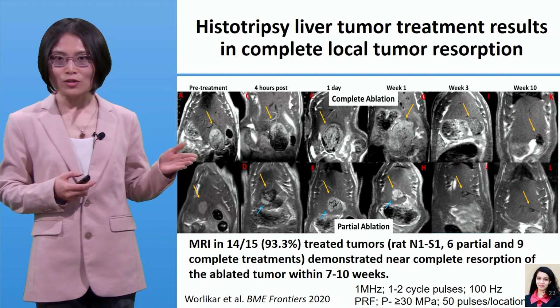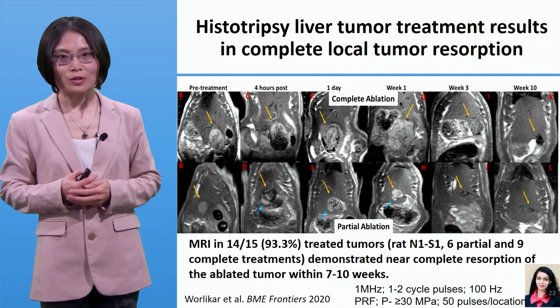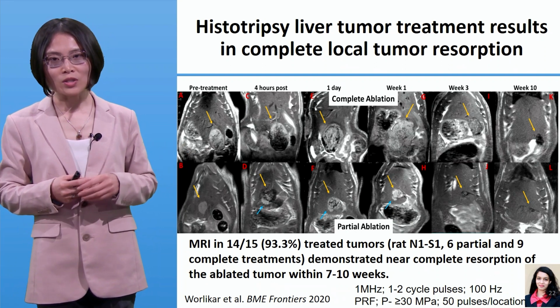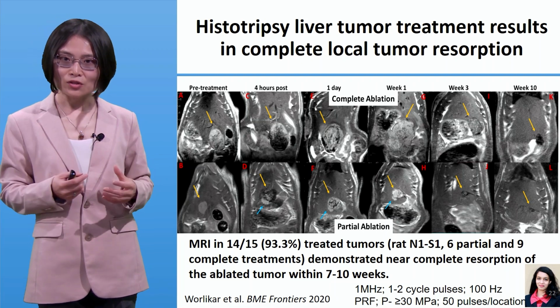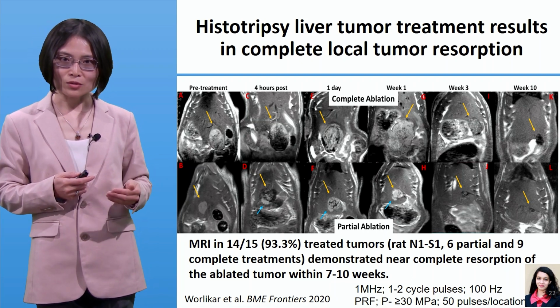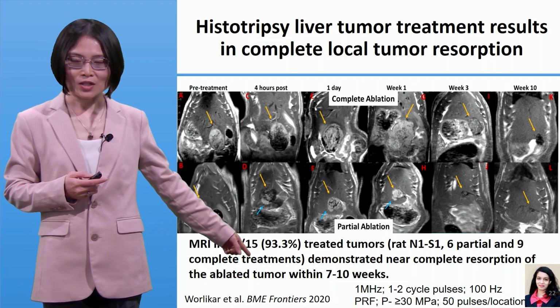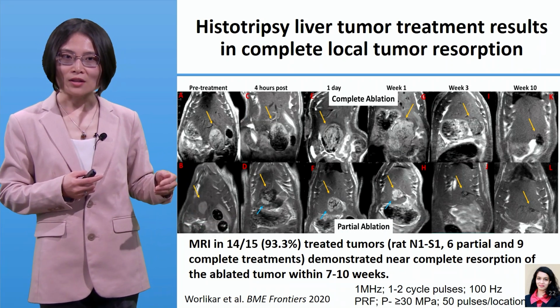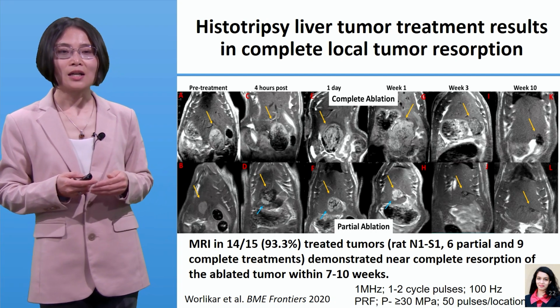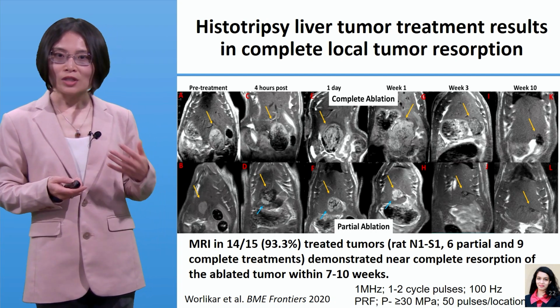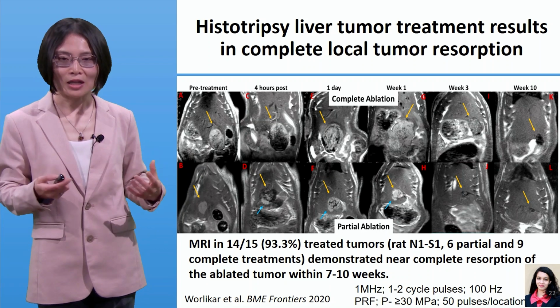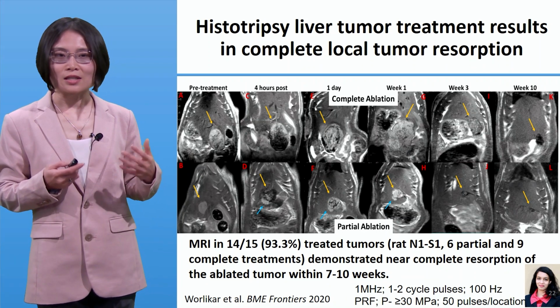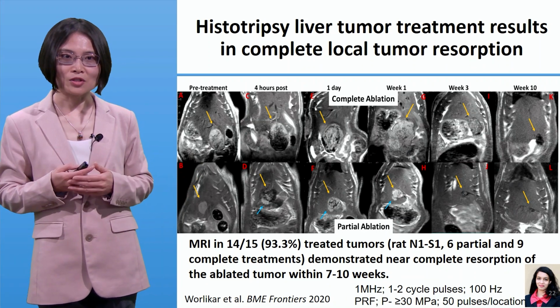The top row shows the complete treatment group, where the entirety of the tumor, with a margin, has been targeted by histotripsy using the parameters on the slides. Within 1 to 2 months after treatment, the acellular debris treated by histotripsy is entirely absorbed by the body, and the tumor is gone and you cannot see it on MRI images.